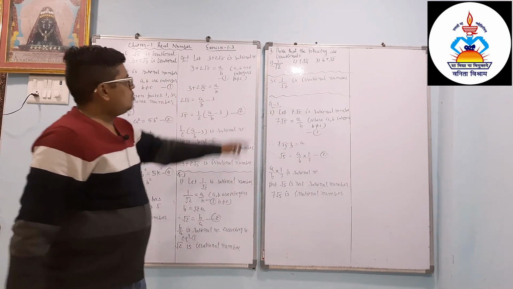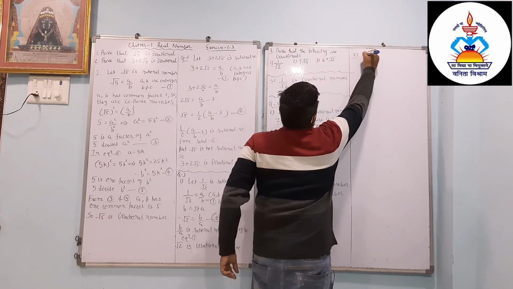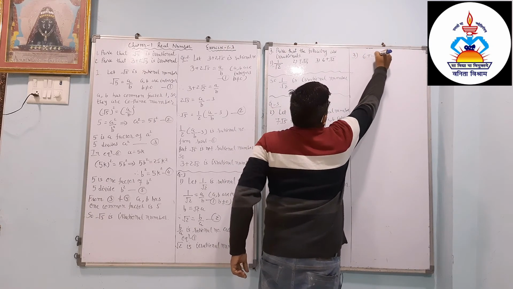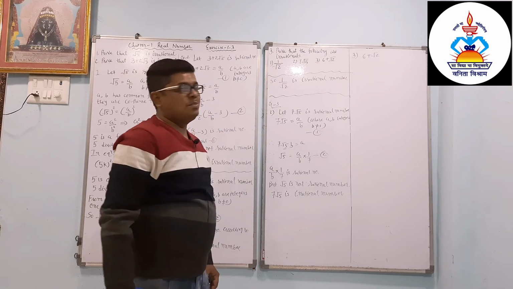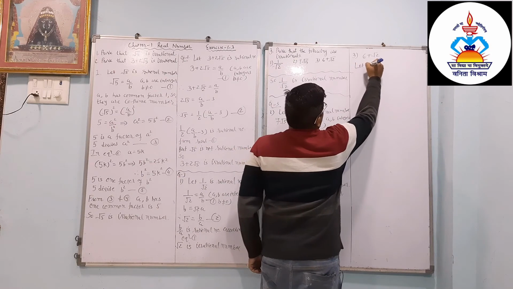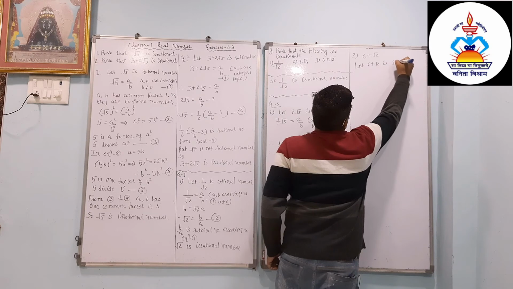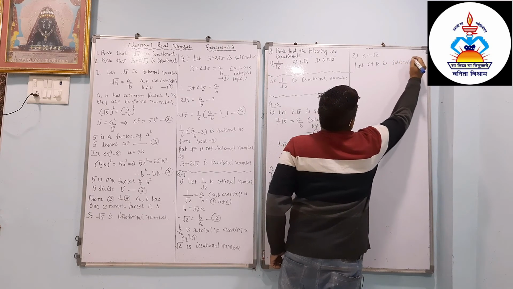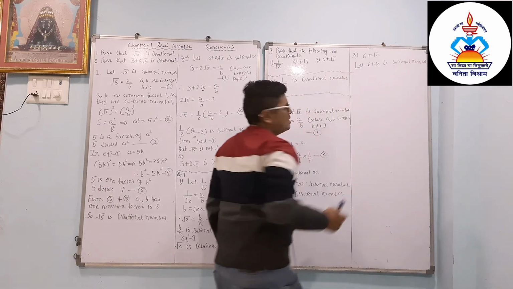Okay, we are going to solve the third one: 6 plus root 2. That we have to prove is an irrational number. So first we write: let 6 plus root 2 be a rational number.